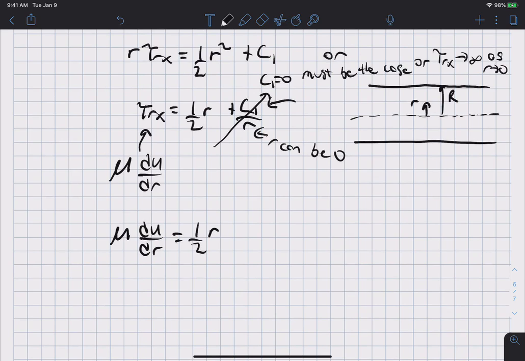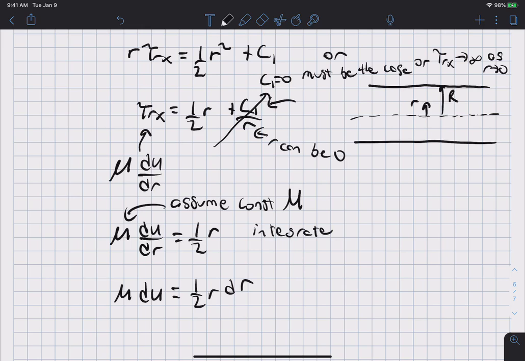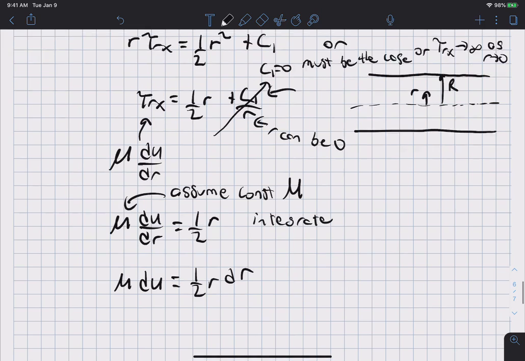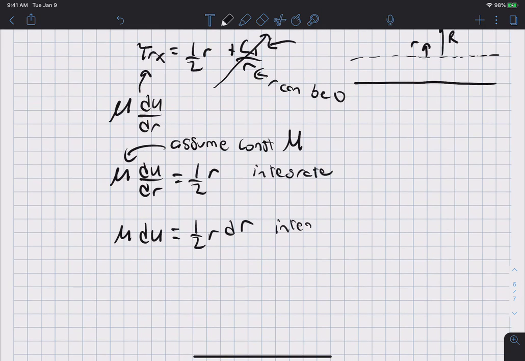Then we integrate, and we assume constant viscosity, and so we have mu du equals 1/2 r dr. And so we integrate this, and we have mu times the velocity equals 1/4 r squared plus some constant c2.